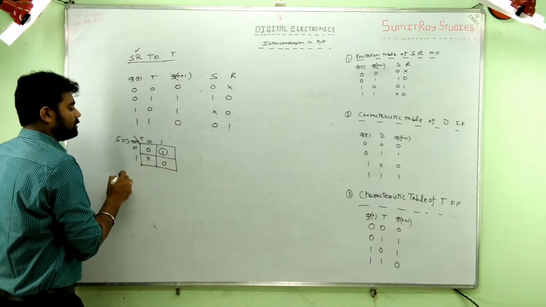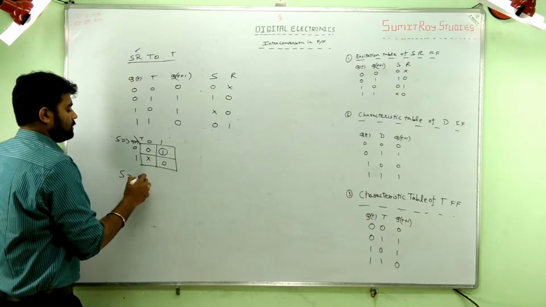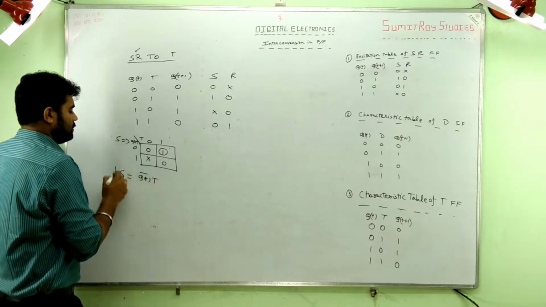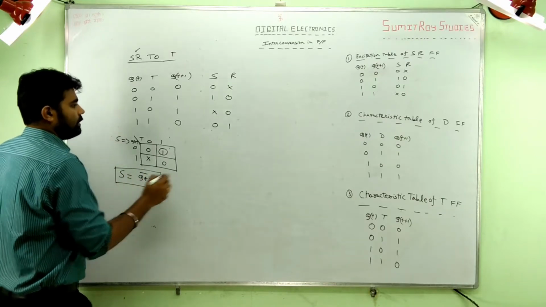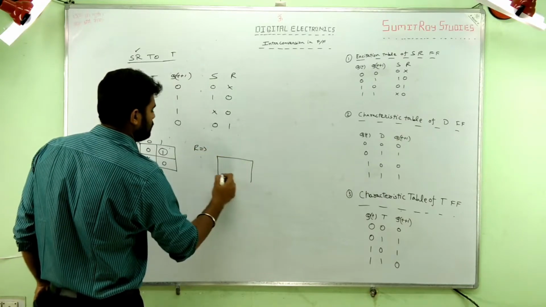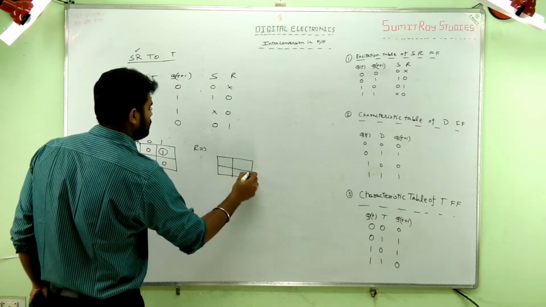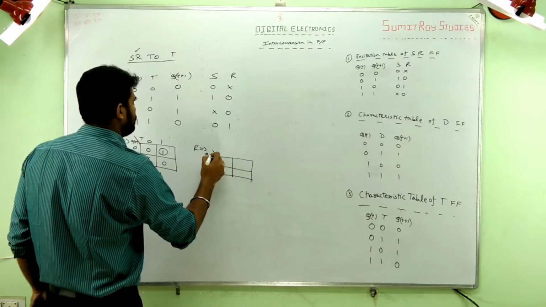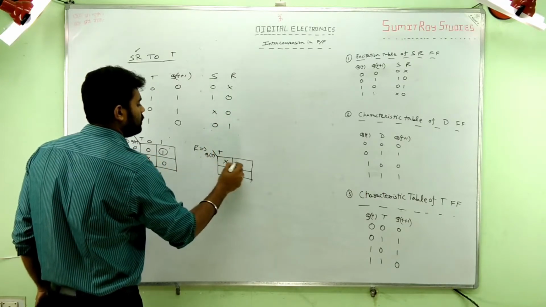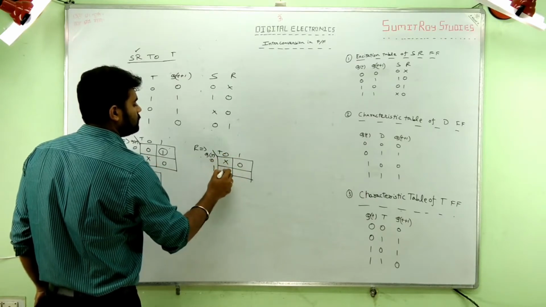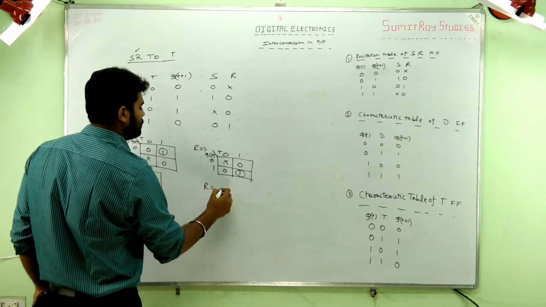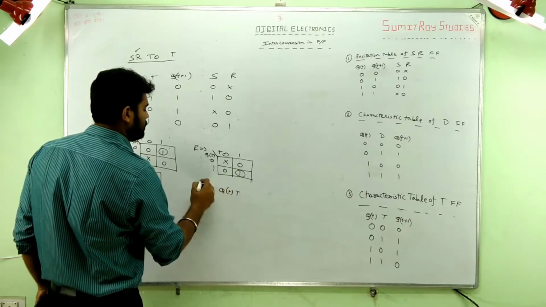So this is the only possibility, that is S is QT bar T. And R, with QT and T, it's cross 0, 0, 1, cross 0, 0, 1. So R is QT T.